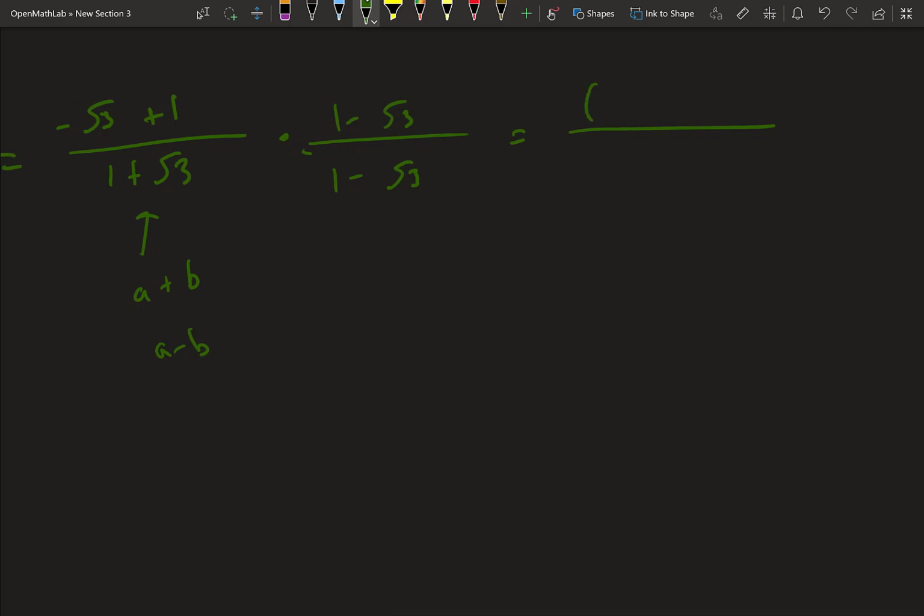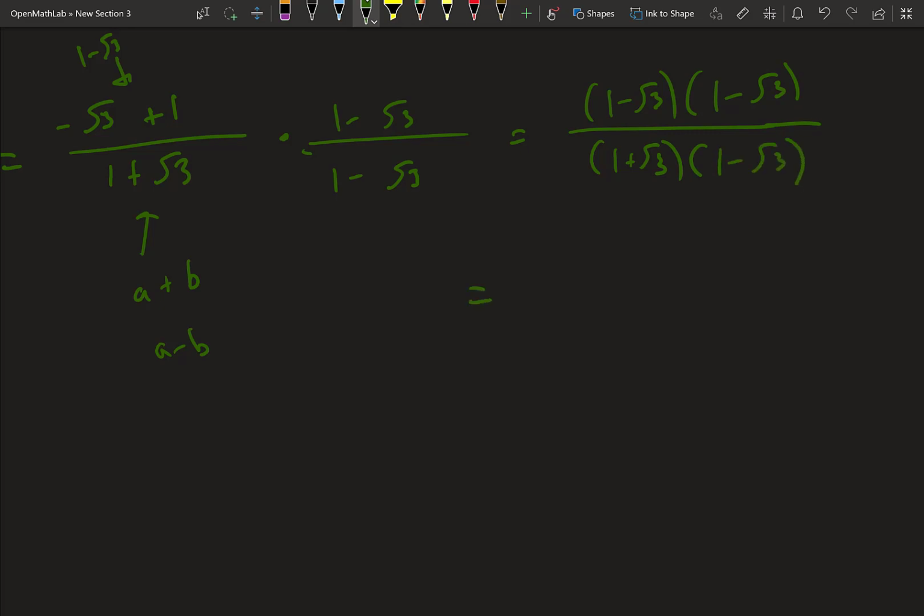What I have essentially is 1 minus radical 3 times 1 minus radical 3 in the top, because this I can just rewrite as 1 minus radical 3, just changing the order of the addends. And then in the bottom we have 1 plus radical 3 times 1 minus radical 3.